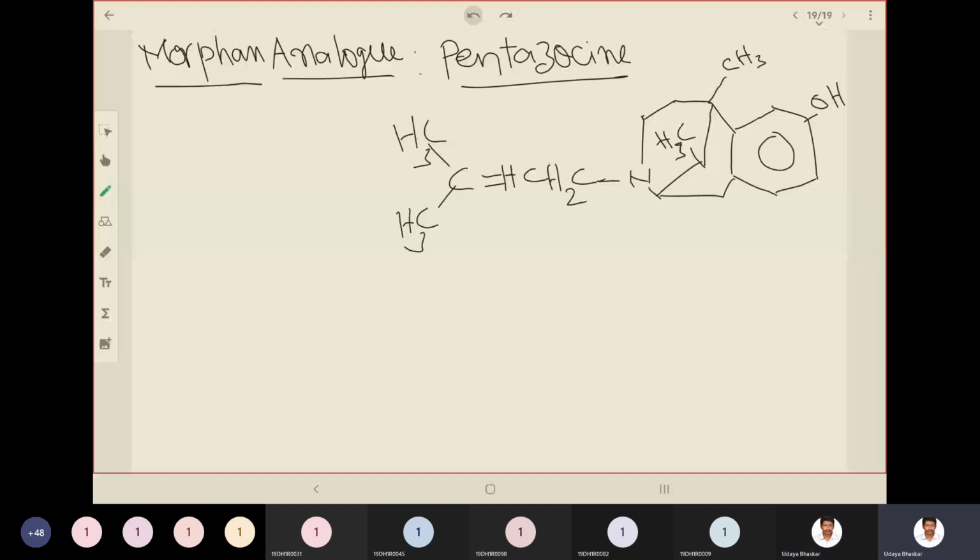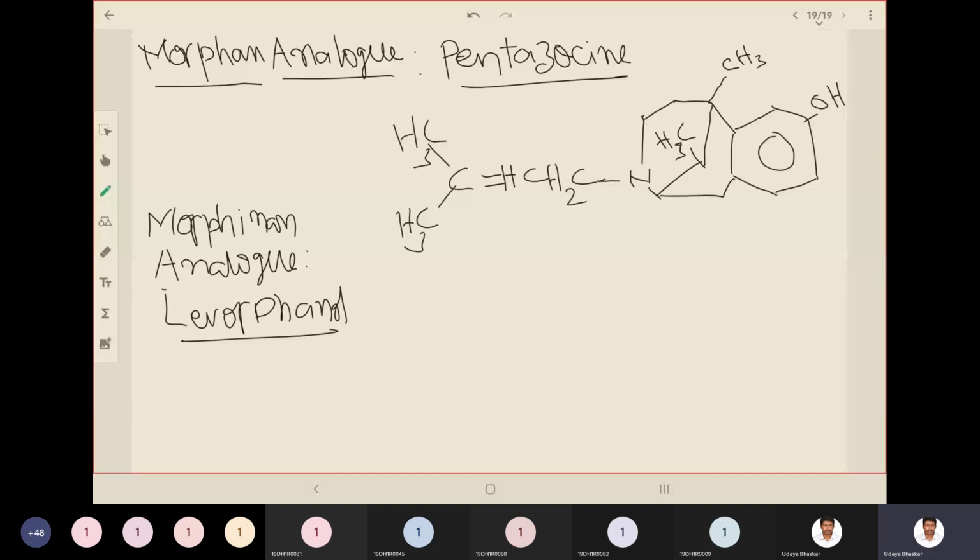On the morphinan analog, the example levorphanol. Okay. So still you remember the morphine structure, right?